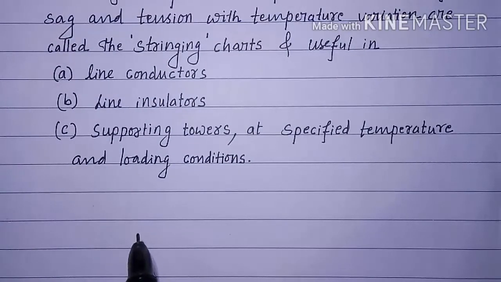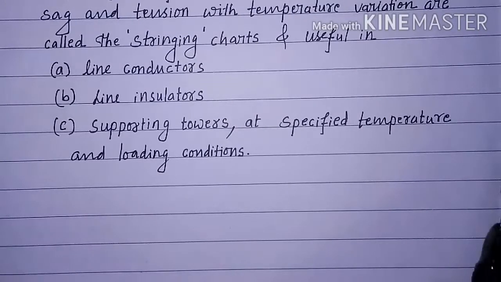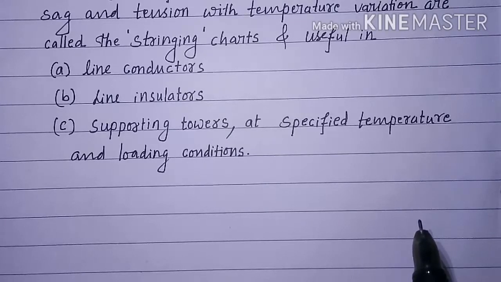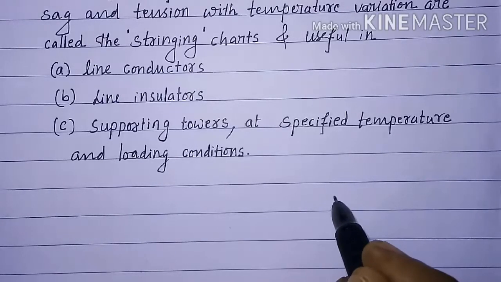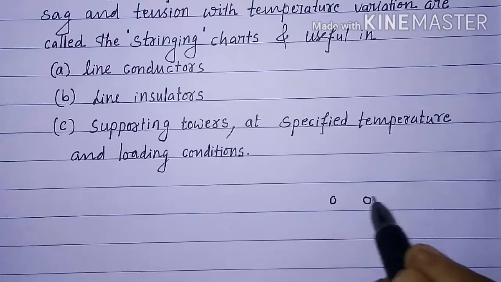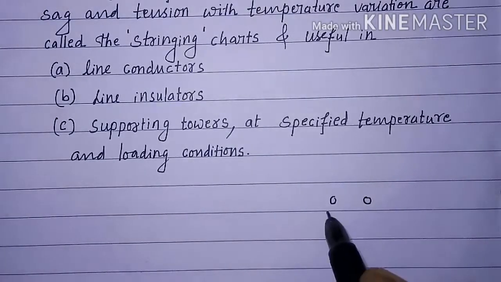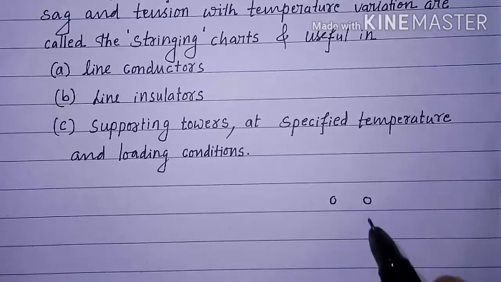Along with this, I also advise you to remember the empirical formula used for finding out the spacing between the two conductors in transmission lines. See, for example, these are the two conductors.